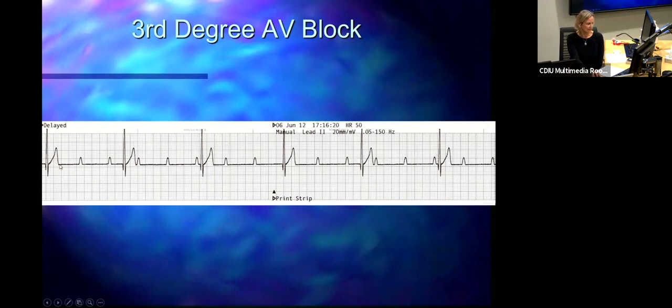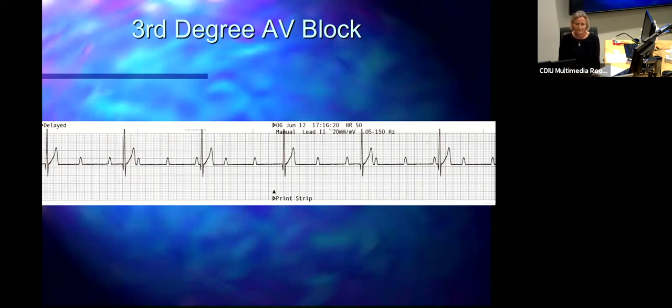So the P's look like they're having a party with themselves, and the R's look like they're doing it with themselves, independent of what's going on. So there's no association between these P waves and the R waves.